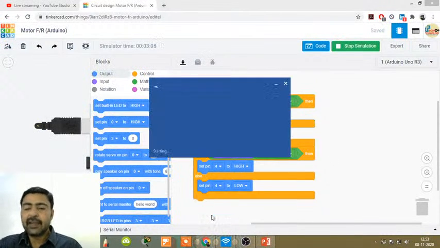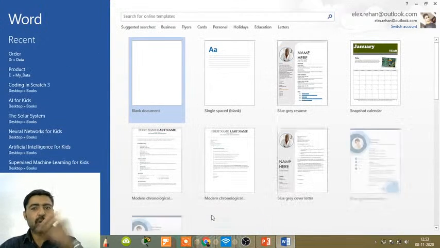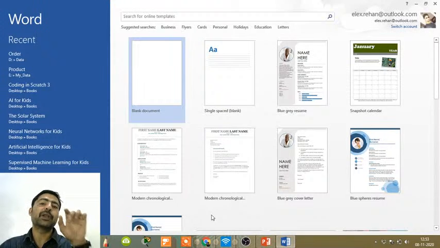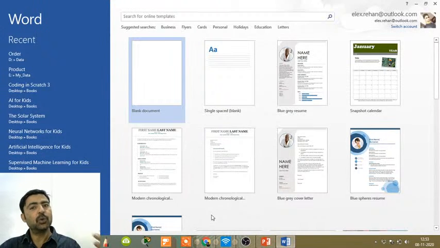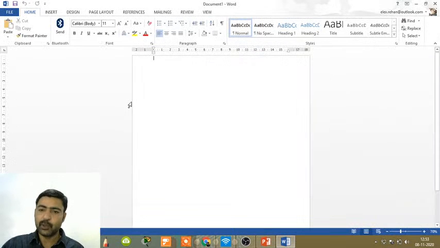So what is happening here, we are giving 1 0 or 0 1 to the Arduino board, and in the same fashion Arduino is outputting 0 1 or 1 0 to the driver IC.